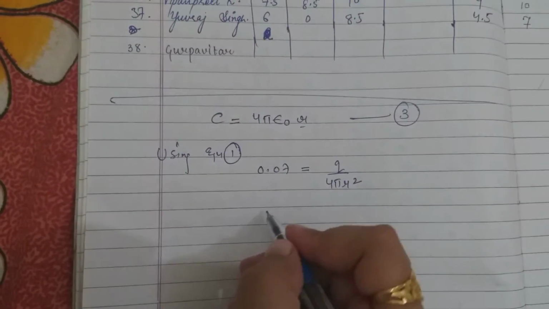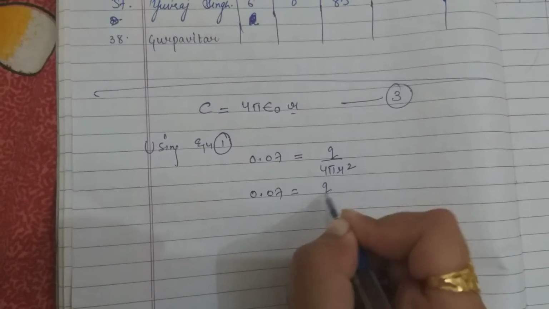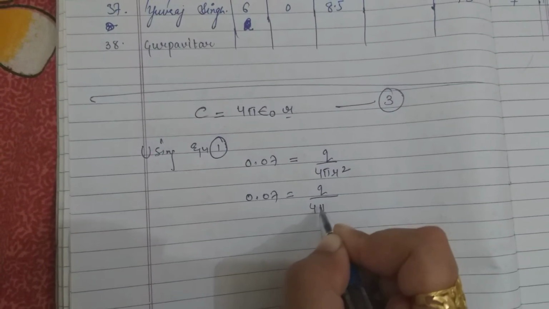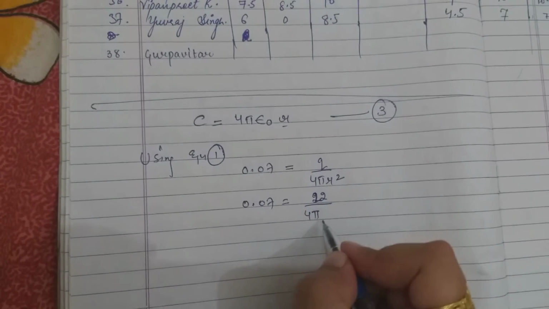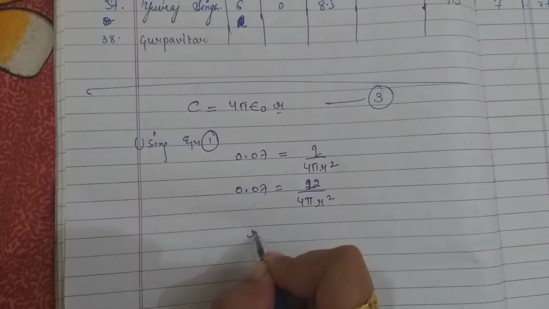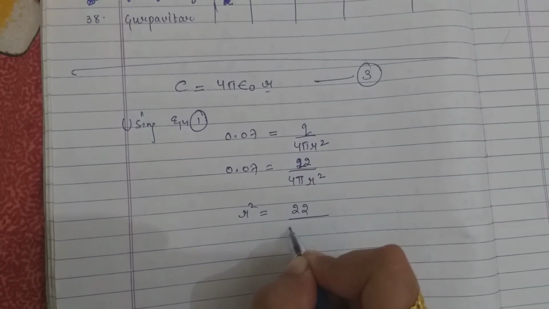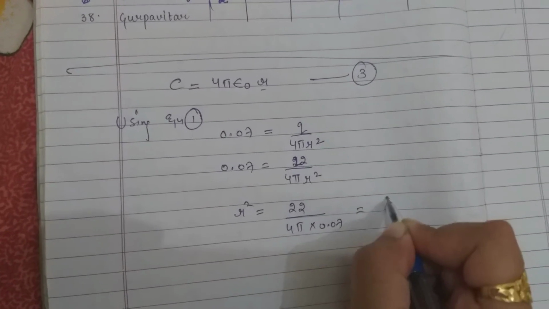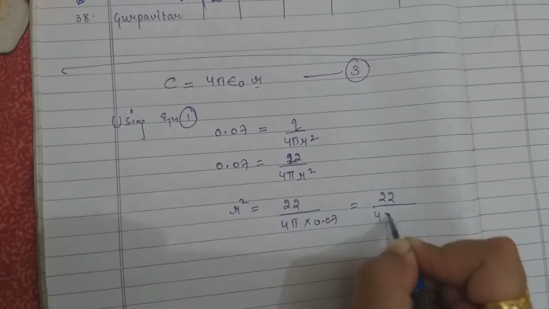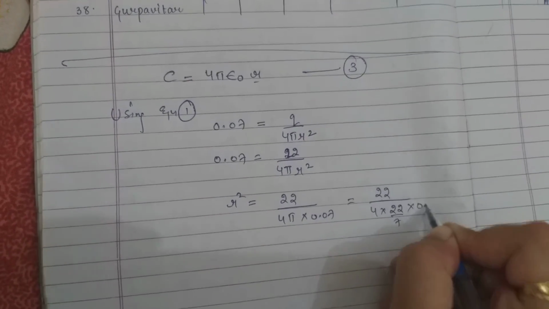Substitute the value of Q. 0.07 is equal to Q upon 4 pi R square. Value of Q is 22. So R square is equal to 22 over 4 pi into 0.07. The value of pi is 22 by 7.